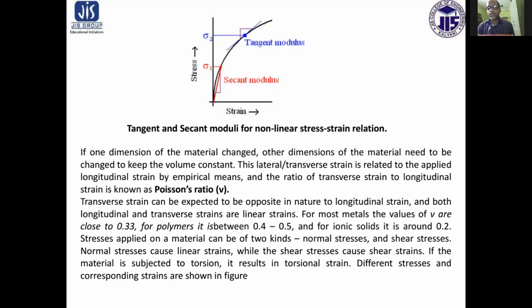Stresses applied on a material can be of two kinds, normal stress and shear stress. Normal stresses cause linear strains, while shear stress causes shear strain. If the material is subjected to torsion, it results in torsional strain. Different stresses and corresponding strains are shown in the next figure.